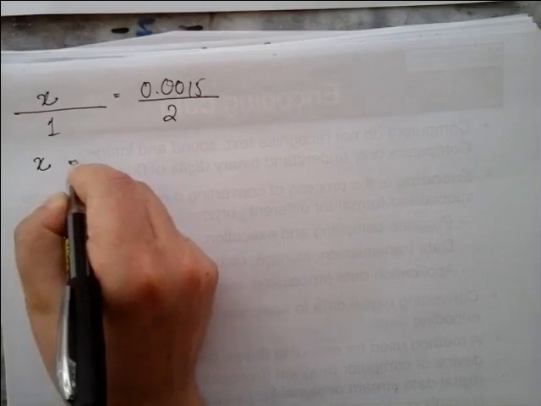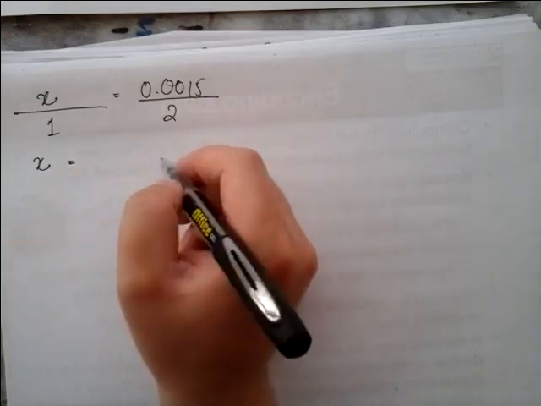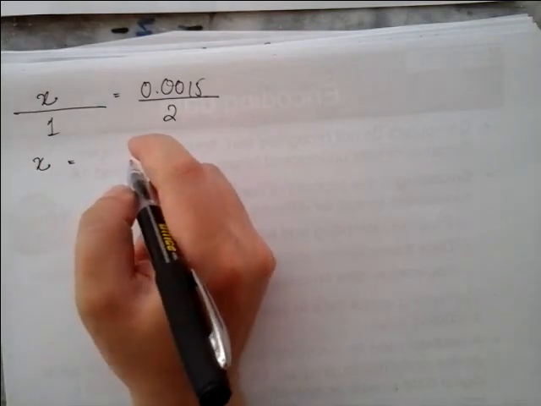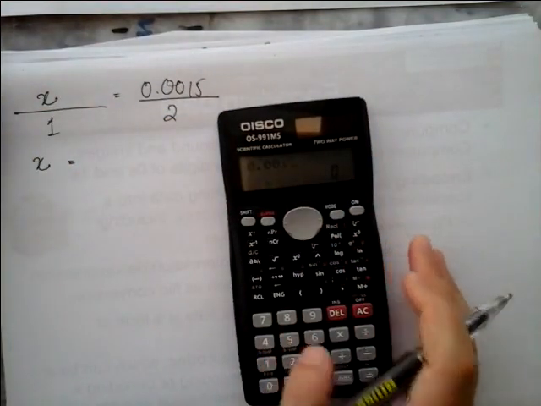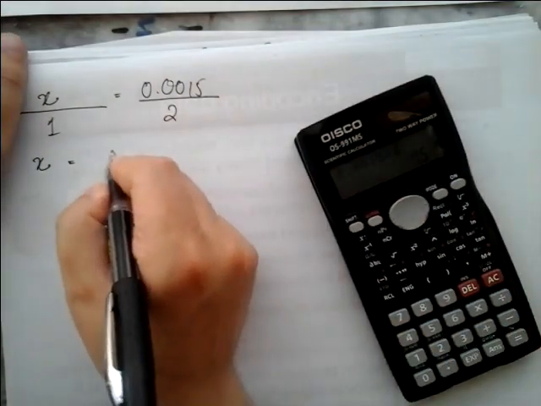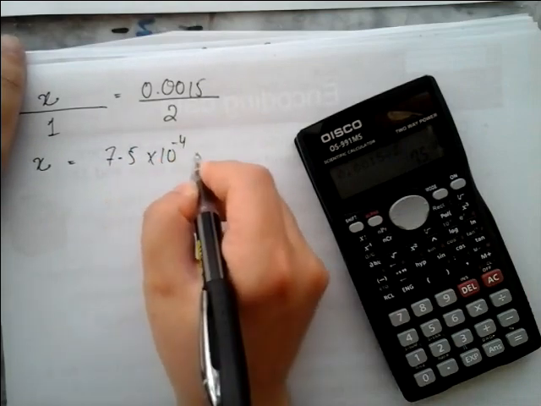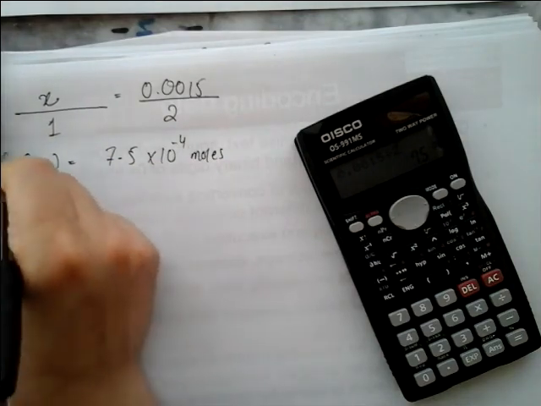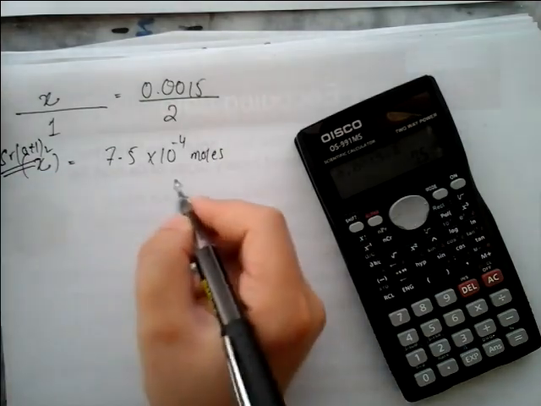So x is equal to 0.0015 divided by 2. We will get 7.5 into 10 raised to power minus 4 moles of strontium hydroxide. This x is strontium hydroxide. Is that clear? So now we have found the moles of strontium hydroxide.